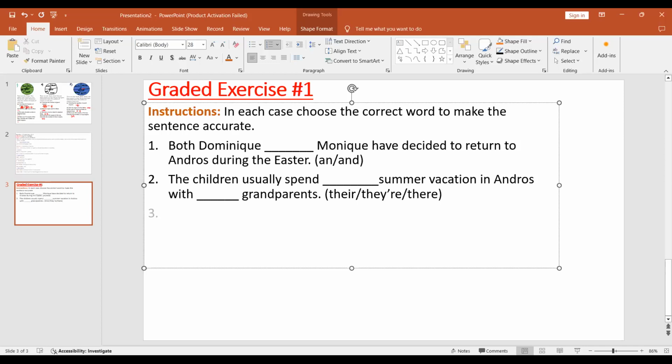Number three. What blank does monkey? You know what?